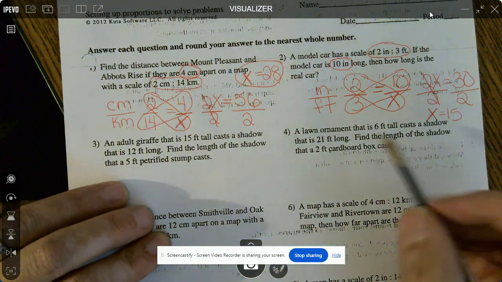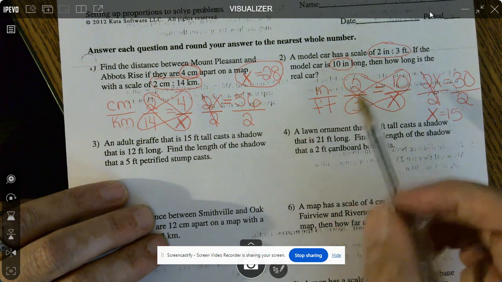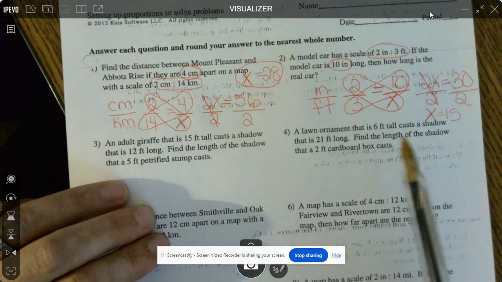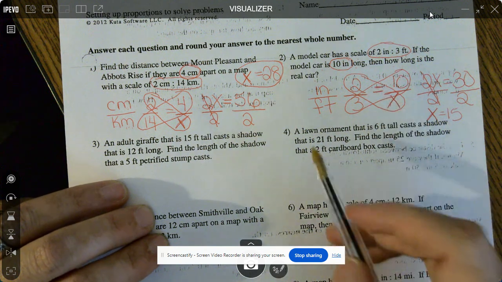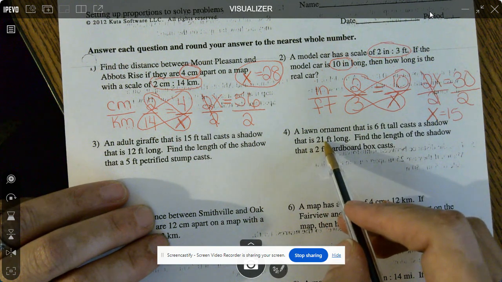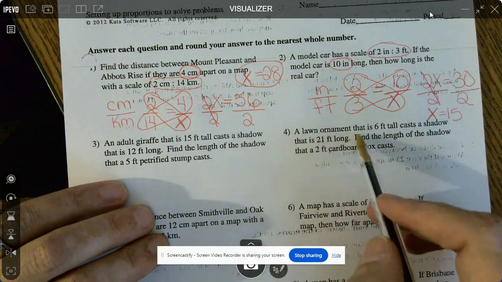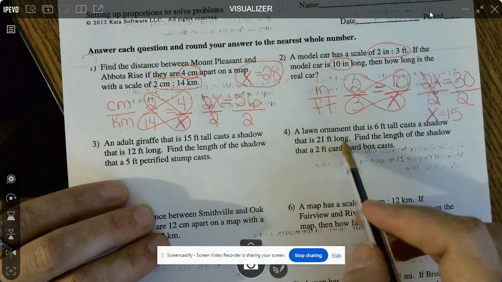Now we'll look at this one down here, because it doesn't fully state inches and feet like a direct ratio, something pretty much black and white. Sometimes you have to read it and then infer what they're asking. A lawnmower that is 6 feet tall casts a shadow that is 21 feet long.